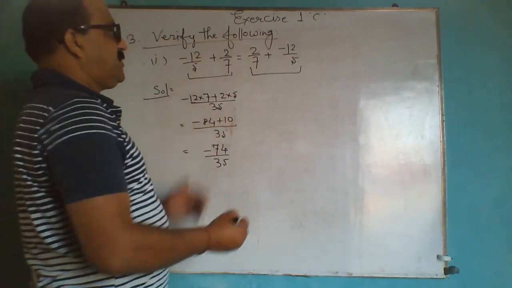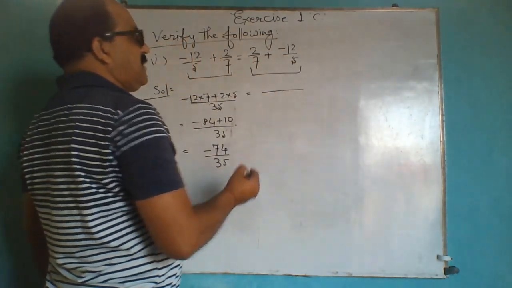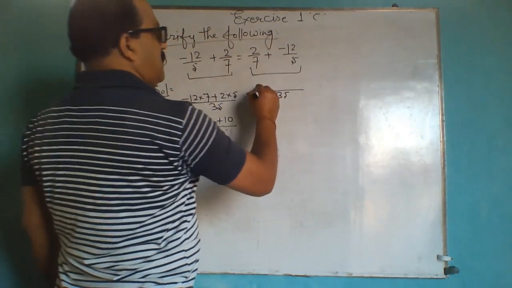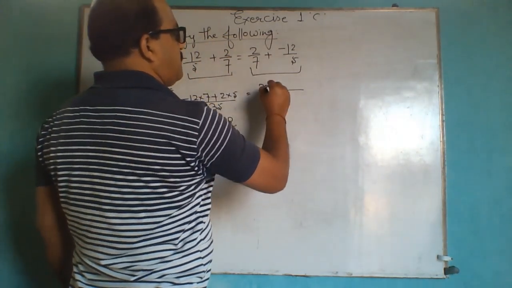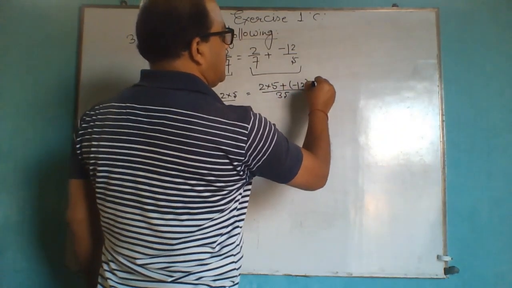Again we will see, take the LCM of 7 and 5. Again we get 35. 7 fives are 35 and minus 12 into 7, 5 sevens are 35.